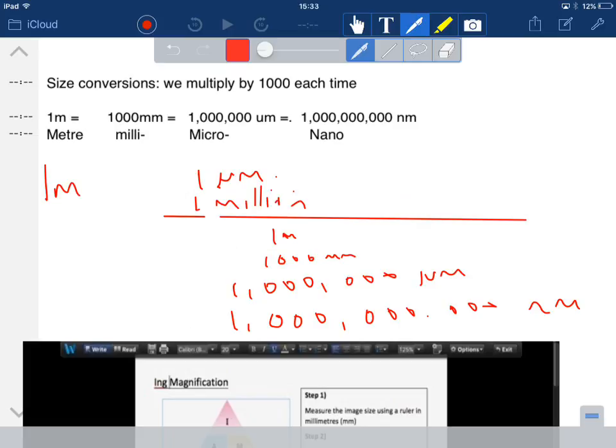Okay? And we would never have to do 1,000,000,000. But so remember, if we want to convert meters into millimeters, you can times it by 1,000. If you want to convert meters into micrometers, you times it by 1,000,000, or millimeters into micrometers, then by 1,000, and you won't go far wrong.